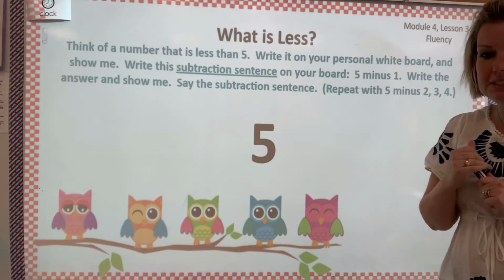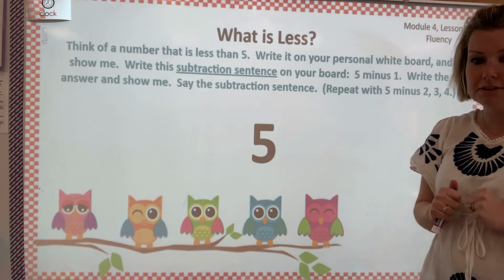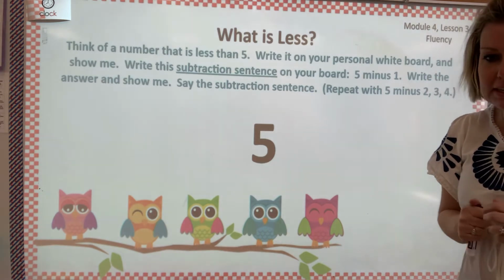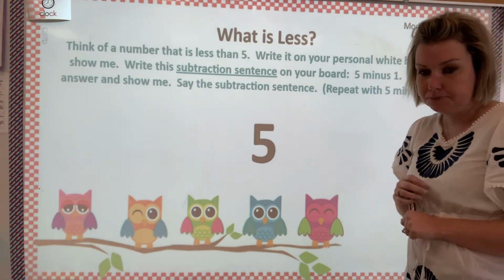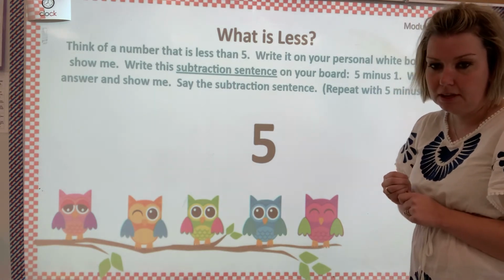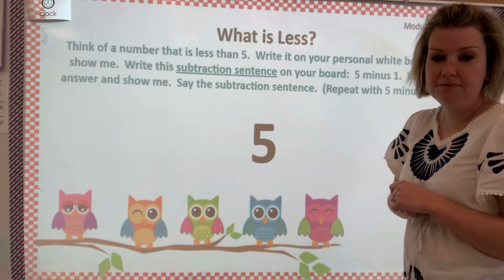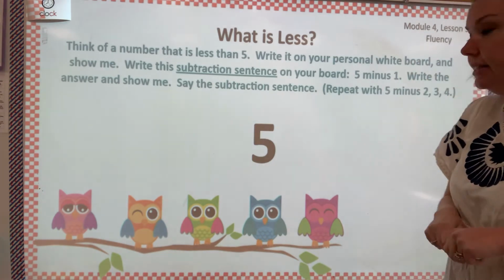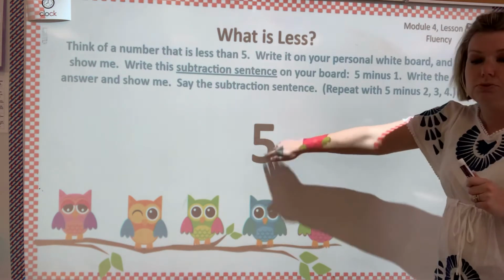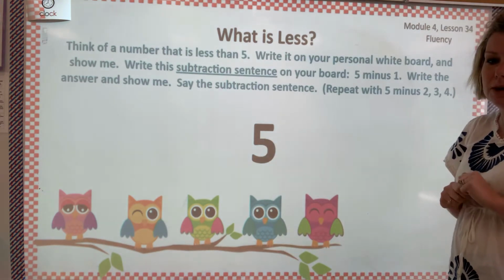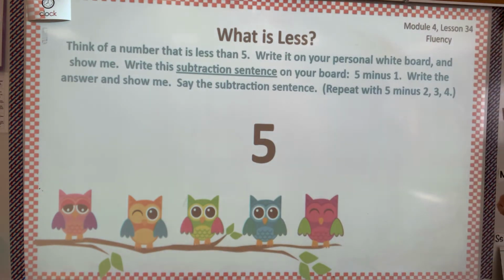Hold up your whiteboards. Ooh, I see 4. I see 1. I see 3. I see 1. Very good. 2. Excellent. All right, now write a subtraction sentence using 5 and the number you wrote. Very good. Go ahead and do that.